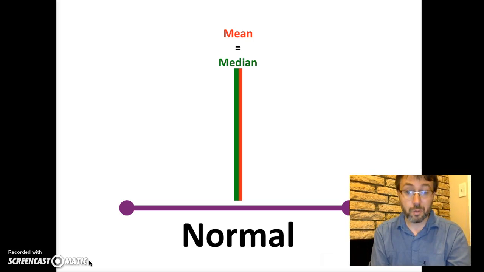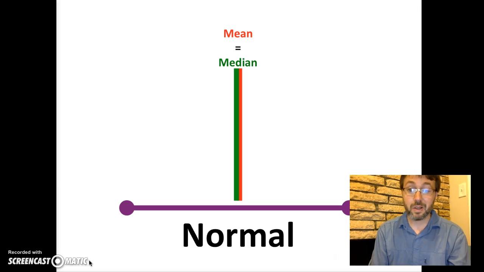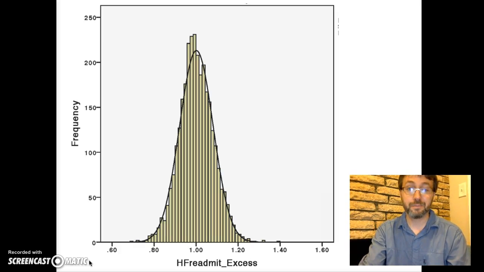In a truly normally distributed variable, they would be absolutely equivalent. But for all intents and purposes, in looking at biomedical data, we're looking for an approximation of equivalence between the mean and the median. And so let's take a look at an example of that within our data set.